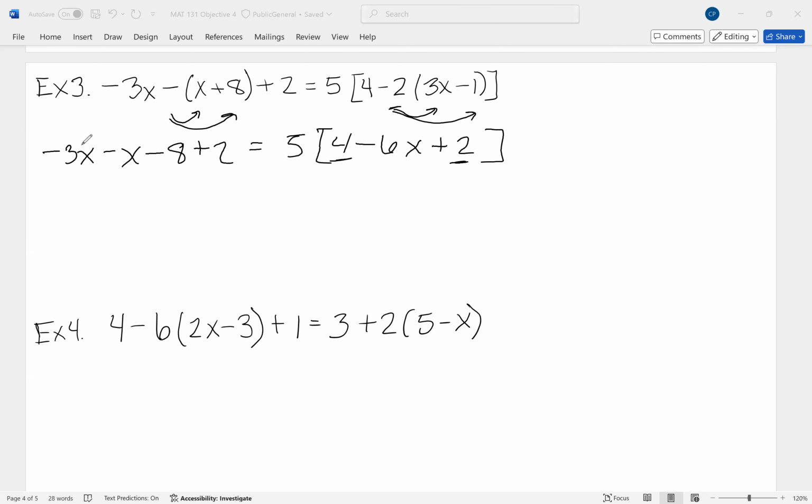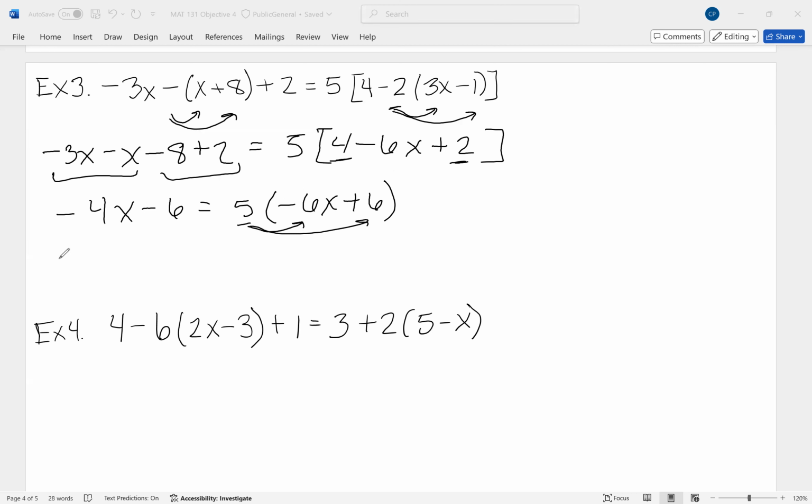On the left side, we got some like terms that we can combine as well. So now we have -4x minus 6 on the left side, and on the right side, we can finally distribute that 5. Okay.